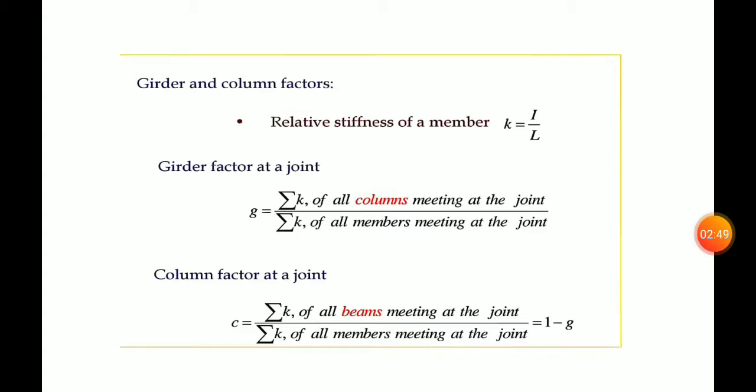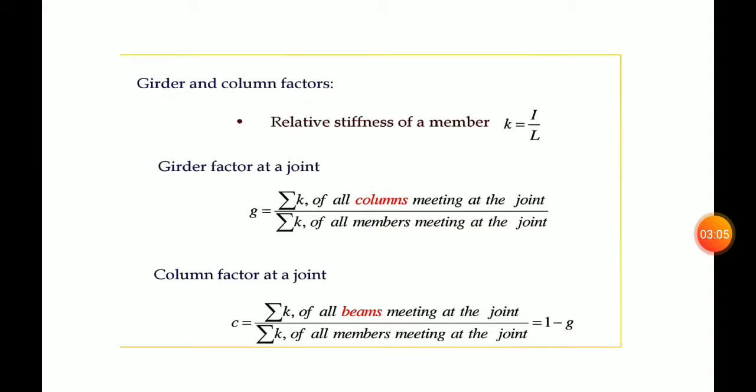Girder factor at a joint, G, is equal to sigma K of all columns meeting at the joint upon sigma K of all members meeting at the joint.